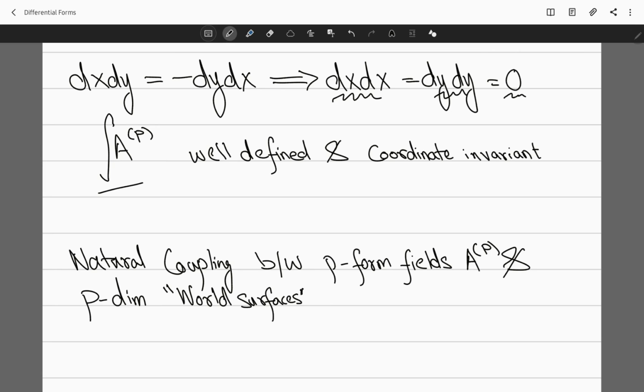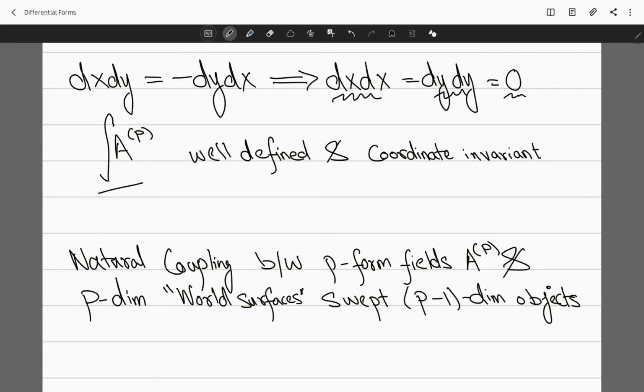And these world surfaces are swept out by p minus 1 dimensional objects.